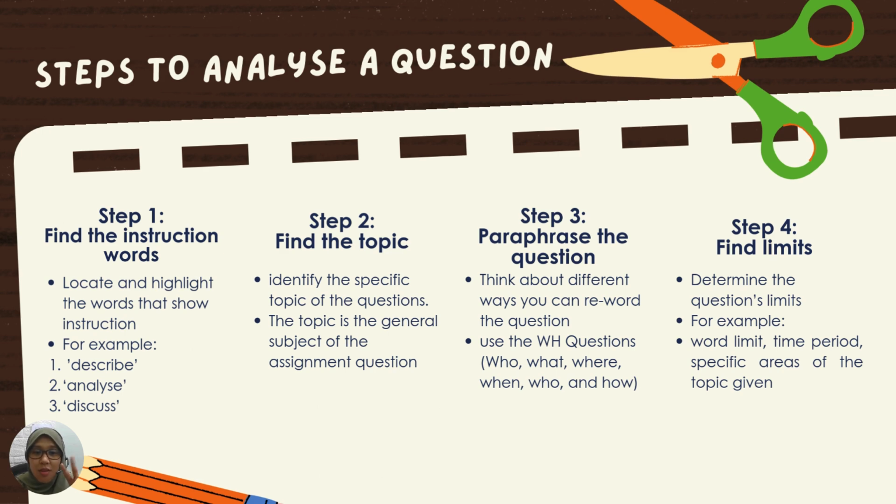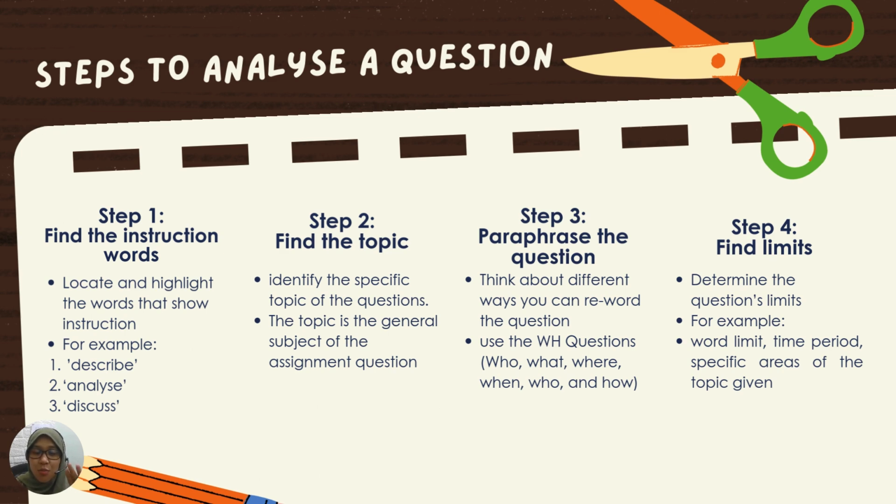Okay, step two, find the topic. Now, you have to identify the specific topic of the questions. The topic is the general subject of the assignment question. Next, step three, you can paraphrase the question. Look at the question and think about different ways you can reword the question.